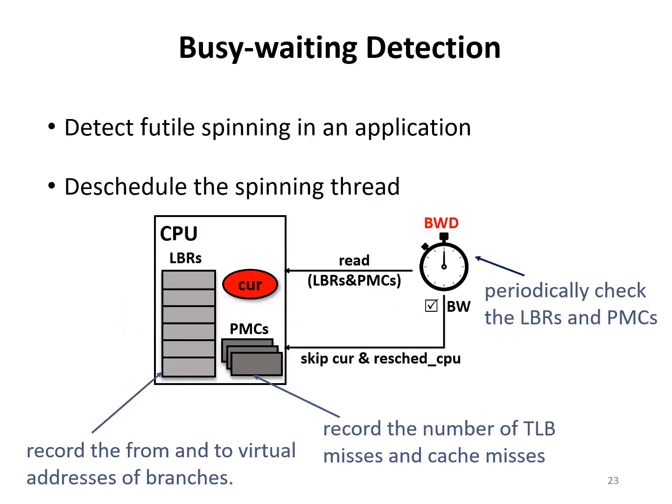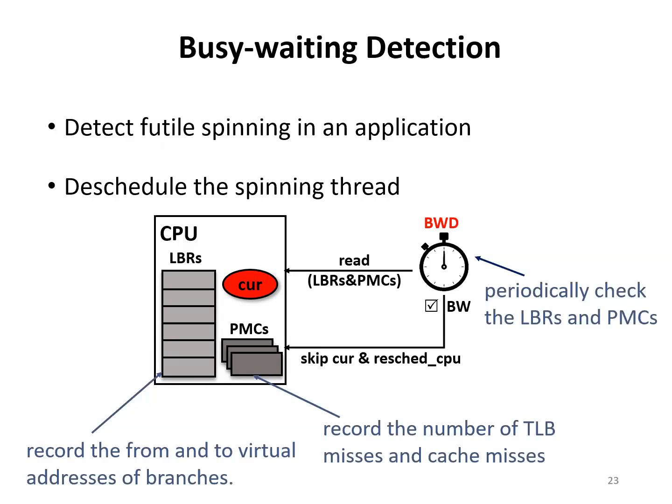Based on those observations, we present busy waiting detection, BWD, a software-based approach for detecting spin loops. BWD seeks to detect futile spinning in an application and deschedule the spinning threads so that CPU cycles can be spent on critical threads.